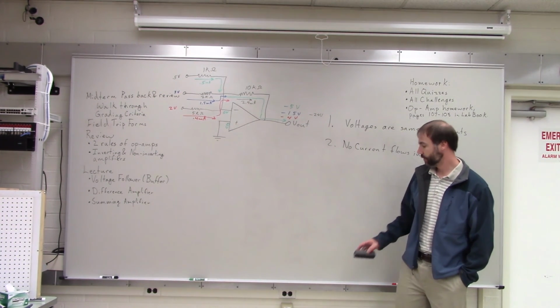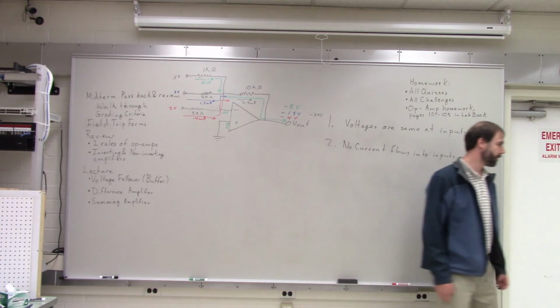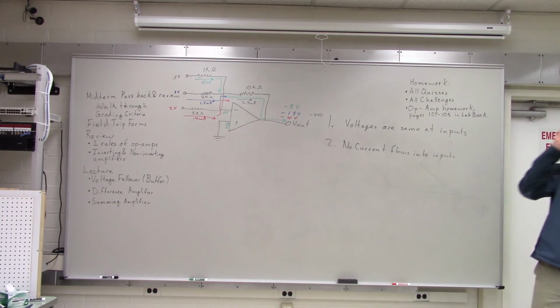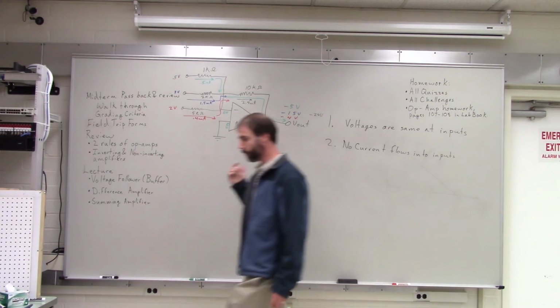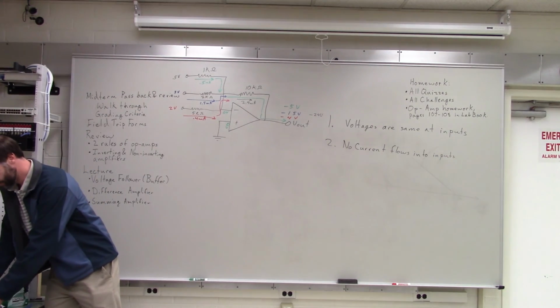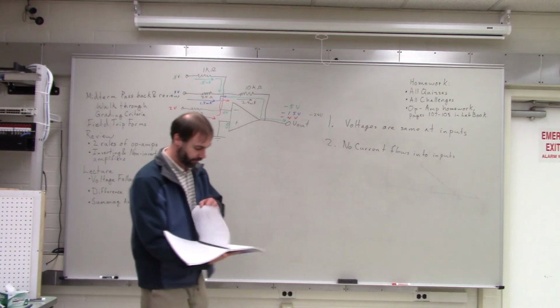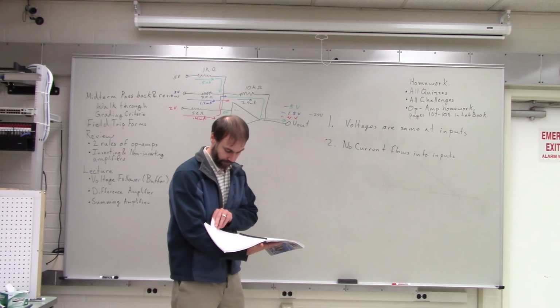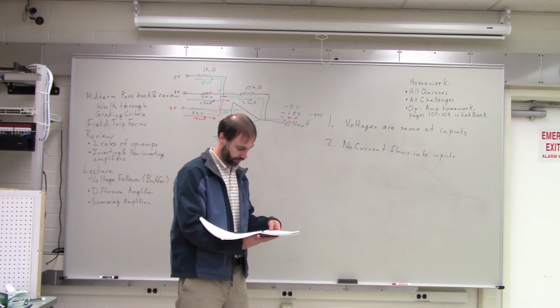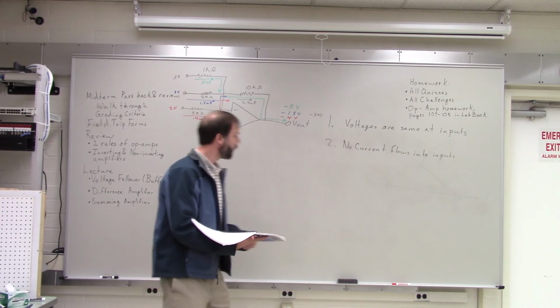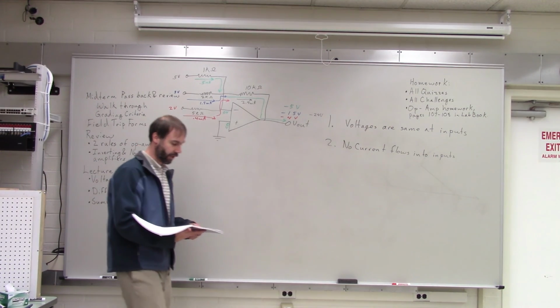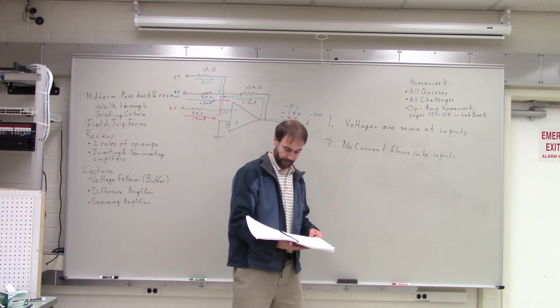The lab is not much different than what we talked about in lecture. You're going to build one of each of these circuits, and for the buffer, you're going to draw the input and the output.